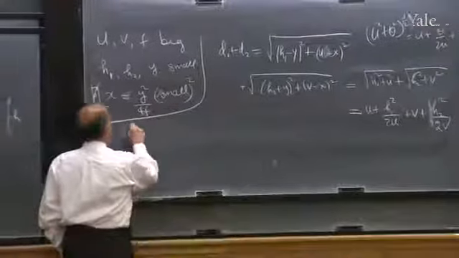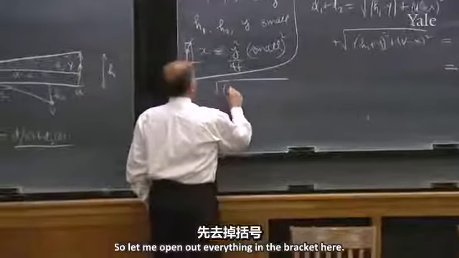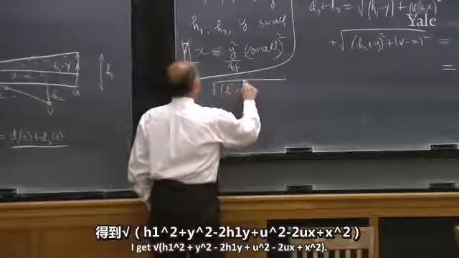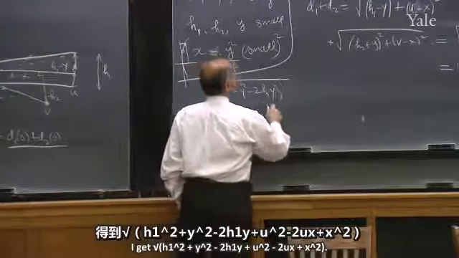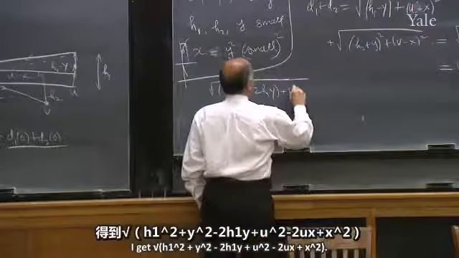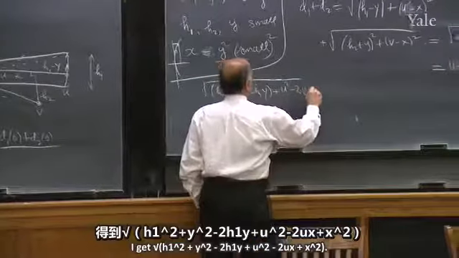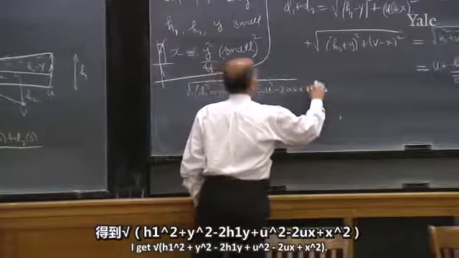So let's look at the left-hand side now. So let me open out everything in the bracket here. I get h1 squared plus y squared minus 2h1y plus u squared minus 2ux plus x squared.